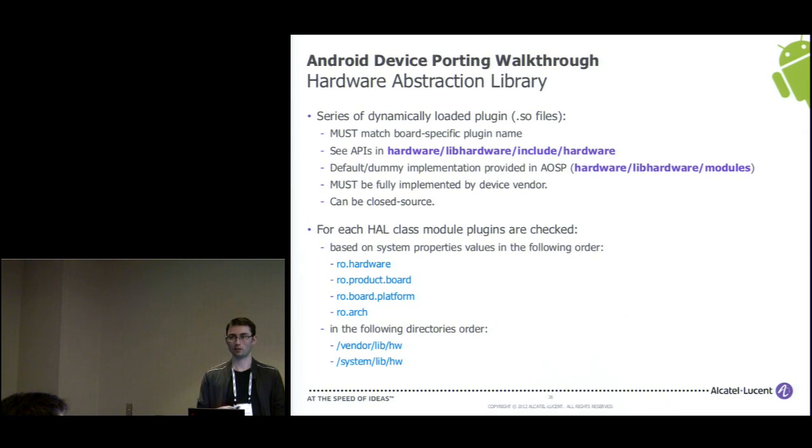In some cases, it doesn't do much, and so you have to re-implement your own. What is really important is that you have to implement the API that has been provided by Google, of course, because this is the only way for the Android framework to actually map and interact with the drivers below.